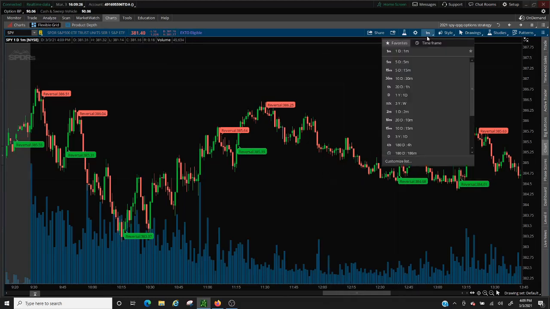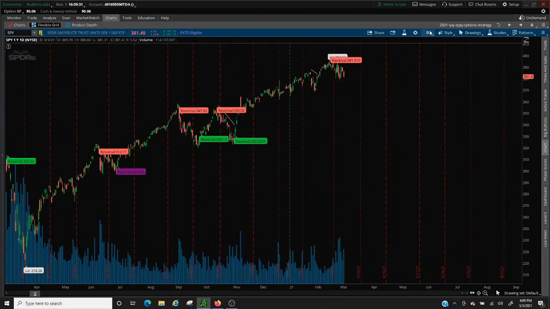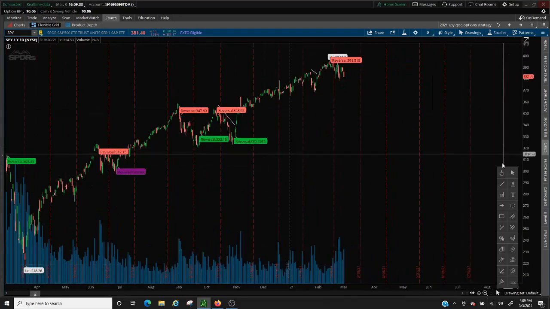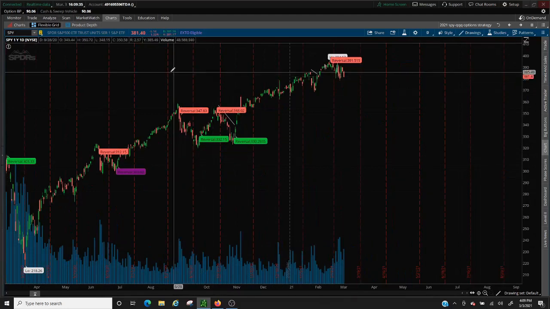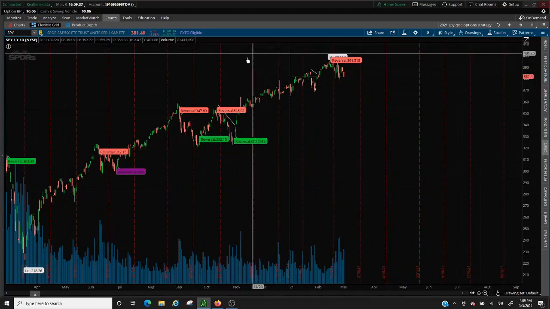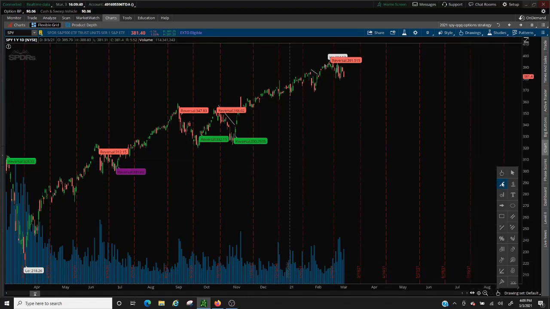I'm going to move here to the daily chart, D, and now I'm going to zoom in this much.